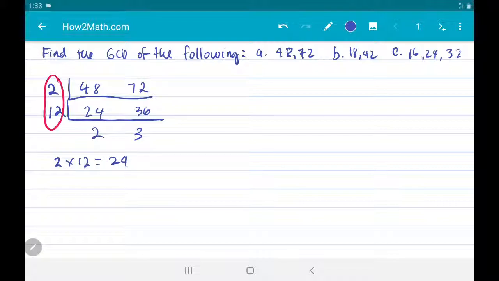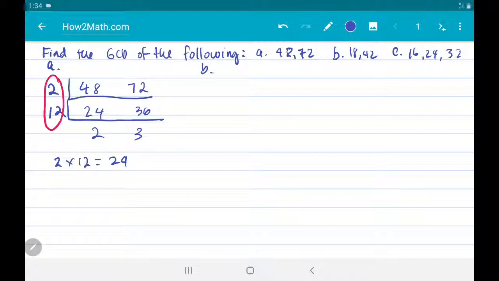Okay. So you can verify by listing both the divisors of 48 and the divisors of 72, and then see if it's 24. Of course, it's 24. Okay, this is for letter A.